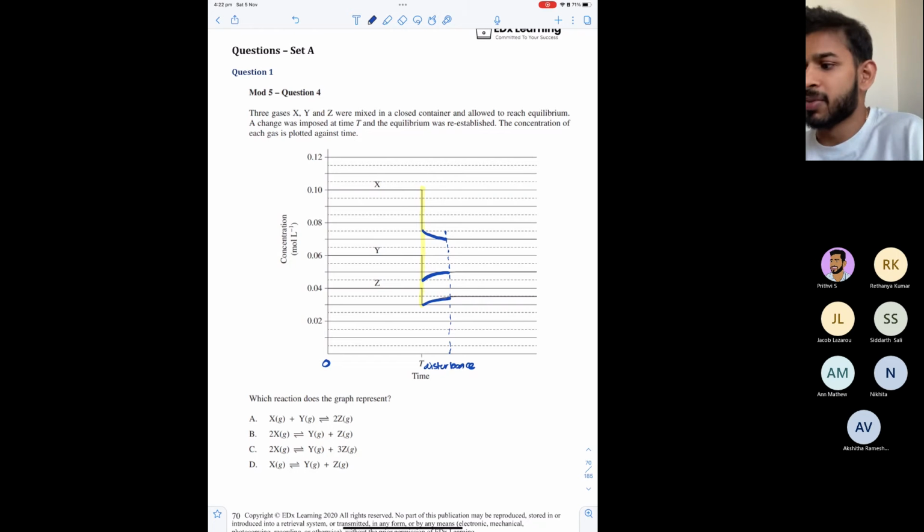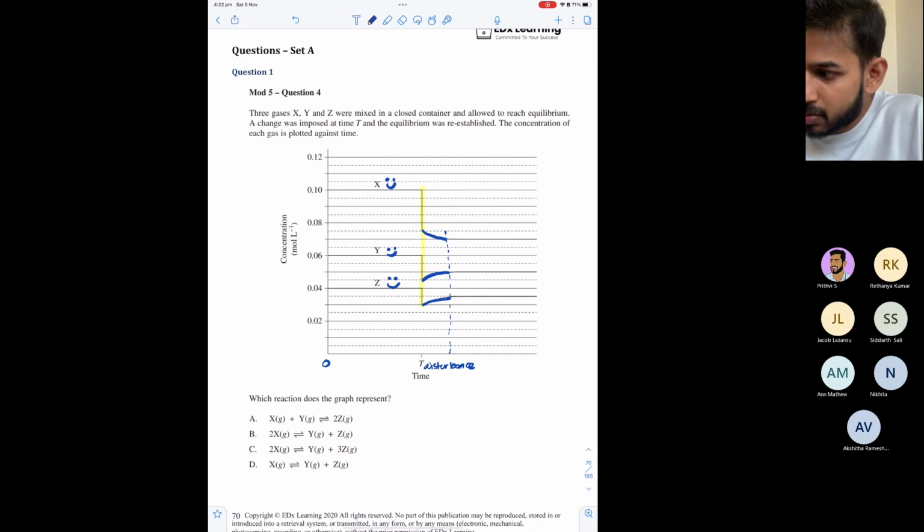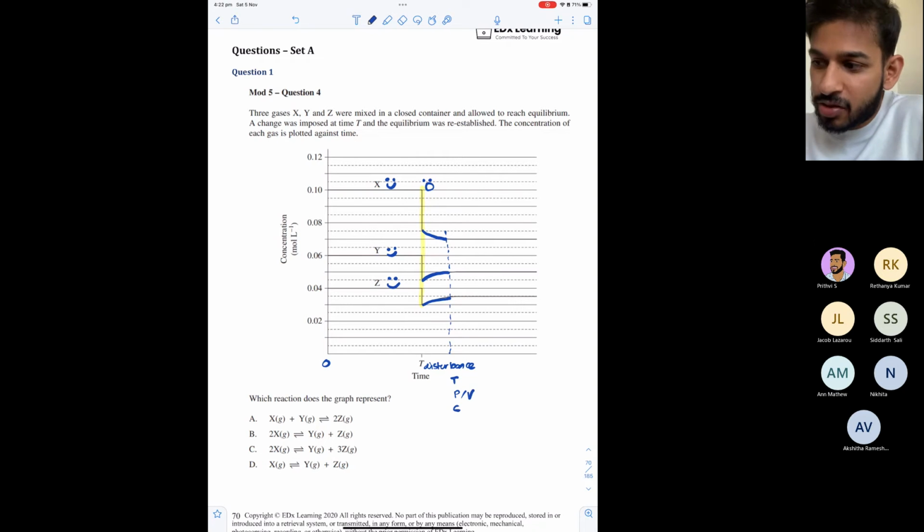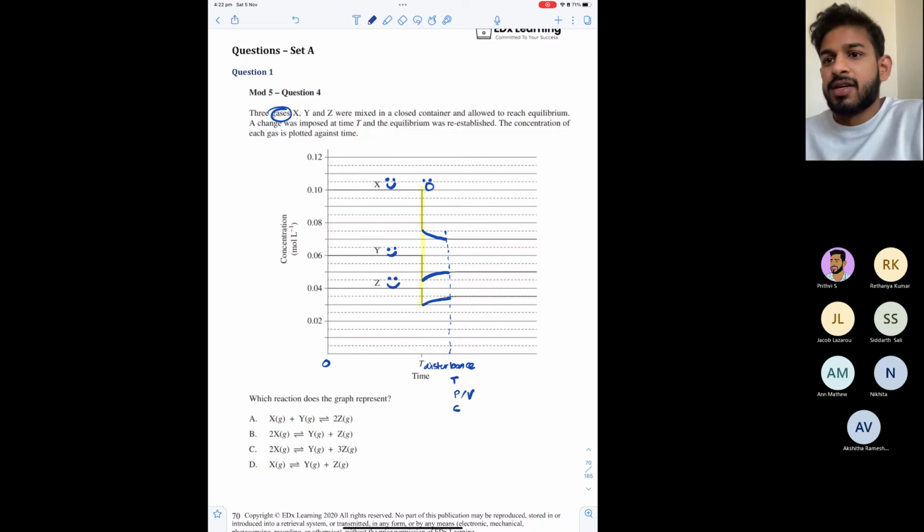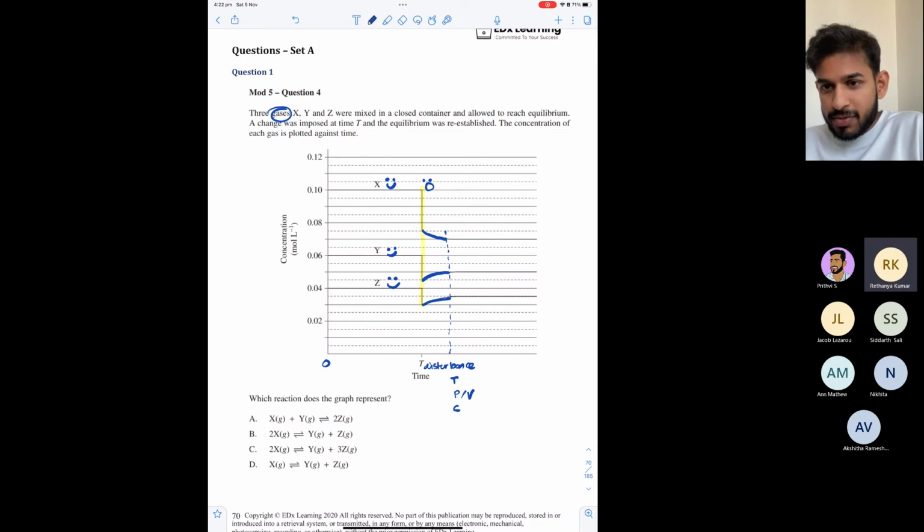What are the 3 disturbances you can impose on a system that was happily in dynamic equilibrium until time equals t? Temperature, concentration, and pressure and volume. Very good. Pressure, volume, right? Now, since these are three gases, Tanya, does pressure, volume apply or not? It does. Very good, right? So all three are on the charts here.